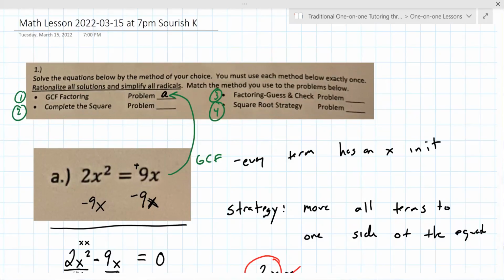We're going to move on to another problem. So, do you think 3 or 4 is better for you? Which one do you think you know better, the factoring or guess and check? Because we want to choose the one that you know best and do next.